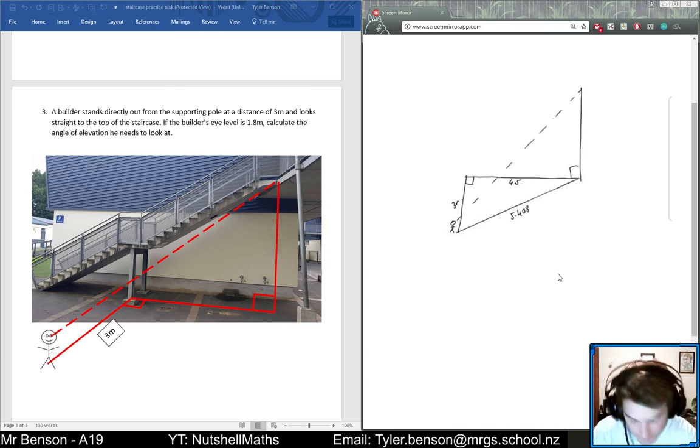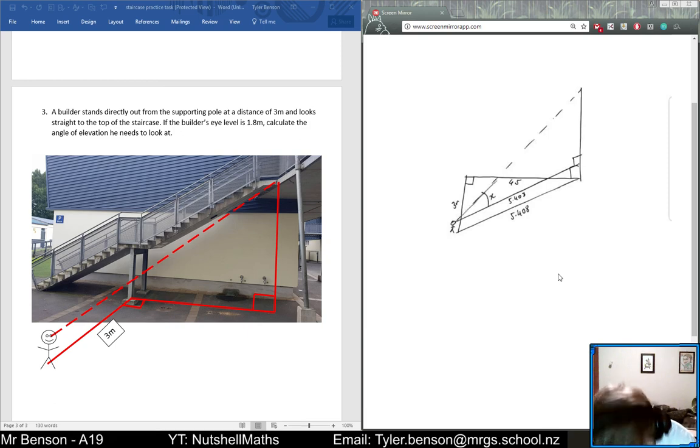Easy. Okay, now if we go from his eye level to the pole with the same length as this 5.4, we then get this right angle triangle in here.